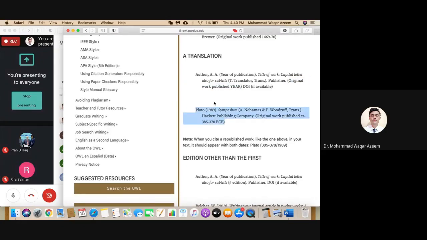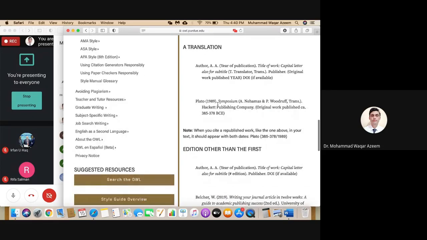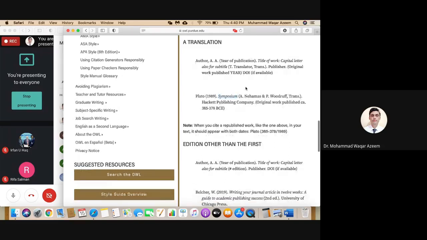Plato, you know, is a Greek author. Whenever we read him, we read his English translation. So the book was published in 1989, and then a period. The title of the book is Symposium, title of the work. And then after the title of the work, you need to have the translator. So who is the translator? A. Nehamas and P. Woodruff.